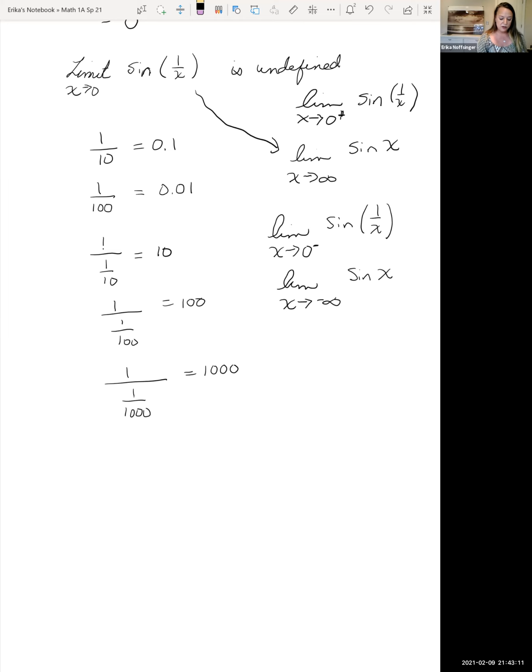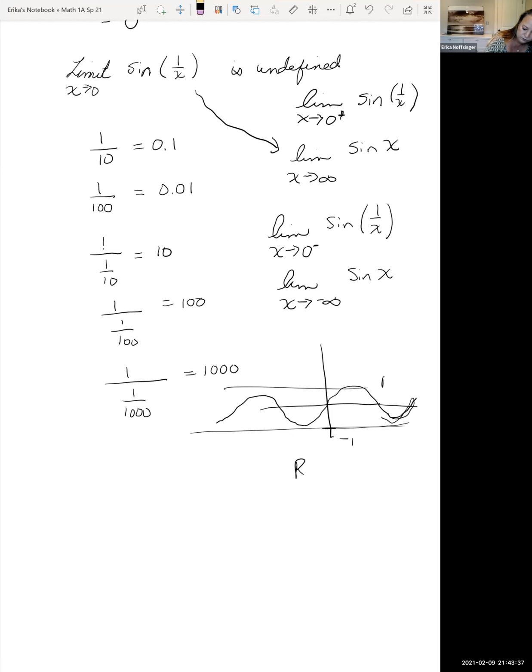If you recall, your sine function just oscillates back and forth, and the range is between -1 and 1. So the y values that we're getting back are bouncing between and including -1 and 1.